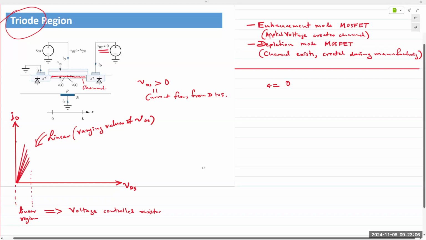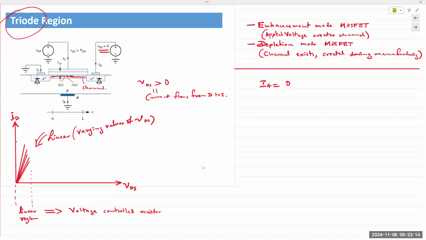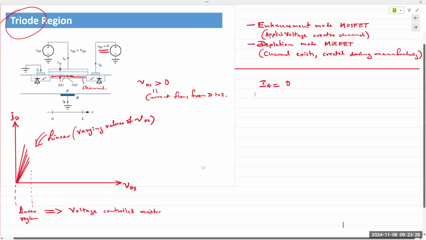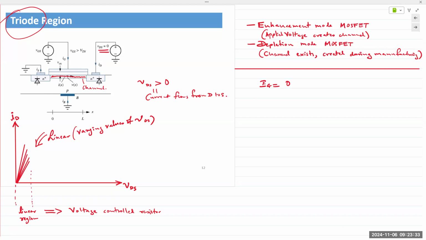Actually, this would be more technically accurate: the input impedance, the input resistance at the gate, is infinite because of the oxide. Of course, in real-life MOSFETs it's not quite infinite, but it's a very high value, in the megaohms range. So we can write that the drain current and the source current are exactly the same. ID is equal to IS.